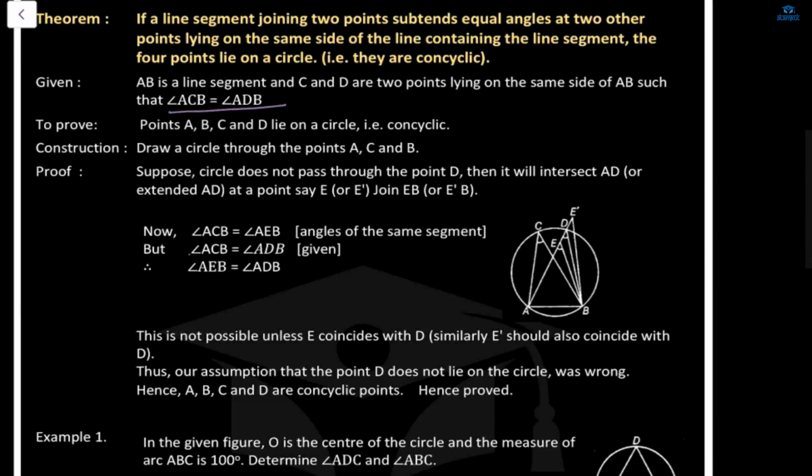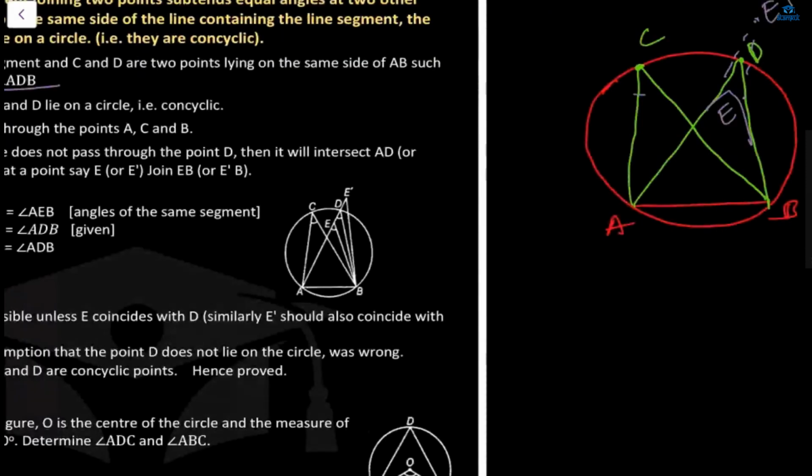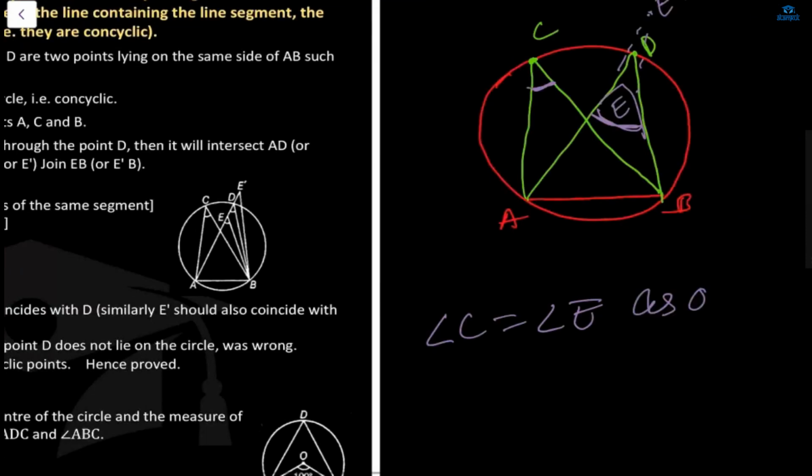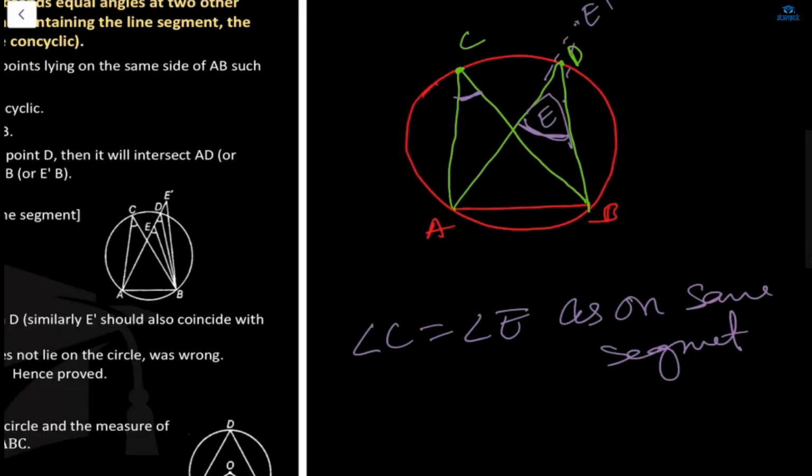The angles formed on the same segment will be equal. So angle C is equal to angle E because they are on the same segment AB. Understood? As they are on the same segment, their angles will be equal.